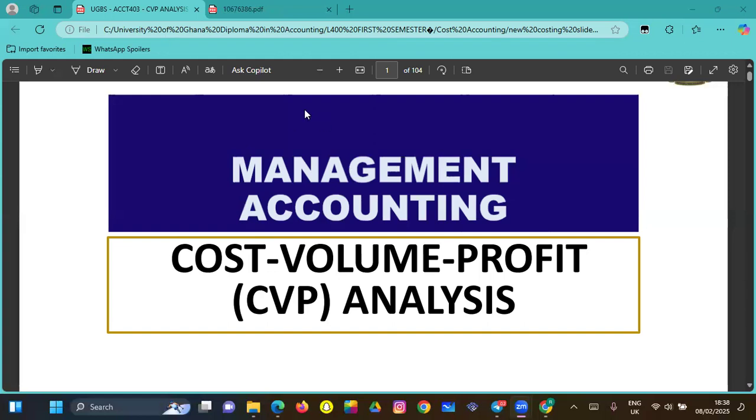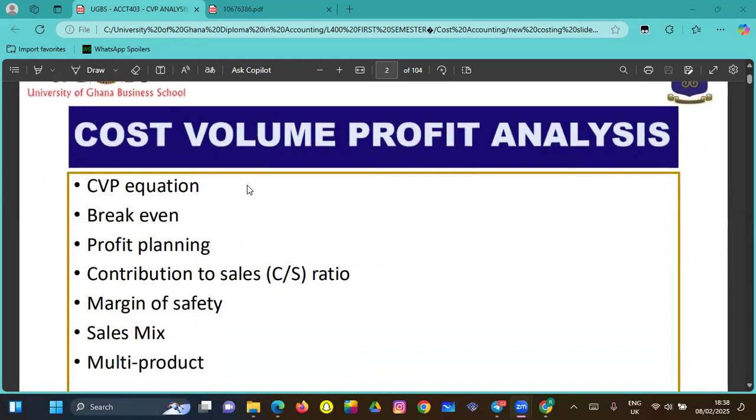So let's proceed. In this session, we are going to look at the CVP equation, break-even, and then profit planning, contribution to sales ratio, and the margin of safety.